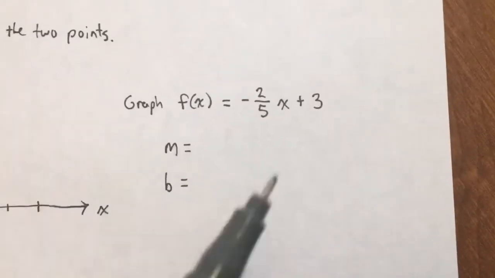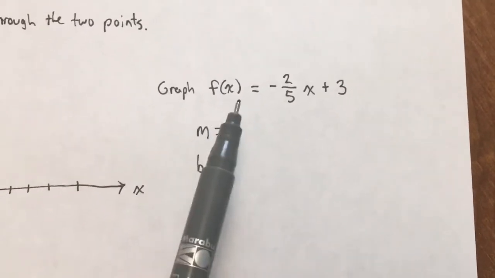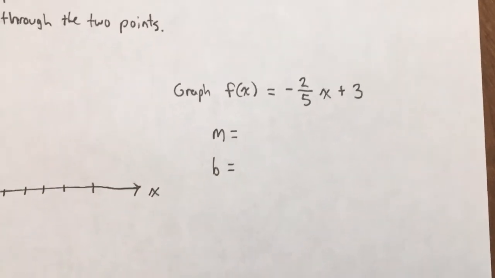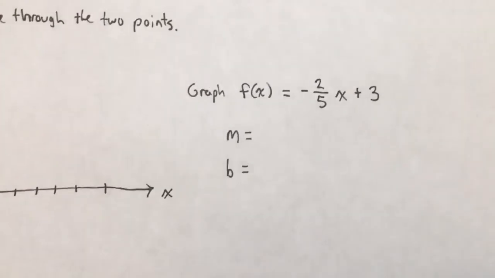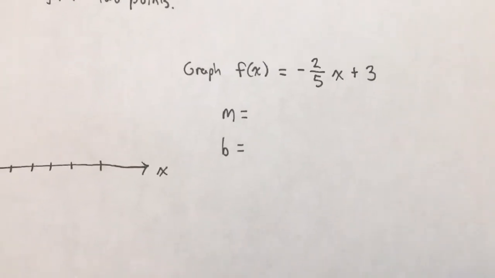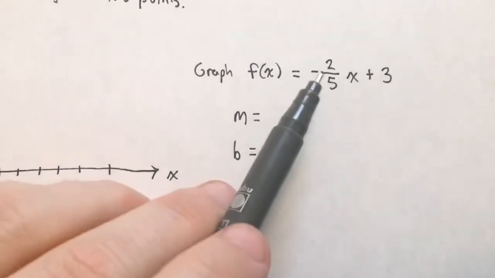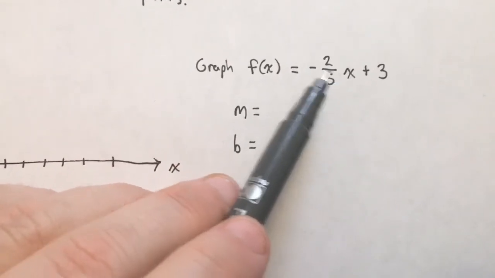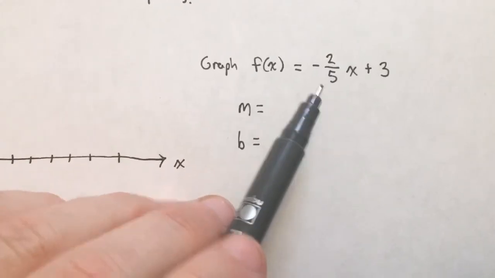So here we have this function rule, f of x equals -2/5 x plus 3. So the first thing we're going to do before we do any of the steps is identify our slope and our y-intercept. So our slope is, we pick that out from the number, the value before the variable, which is -2/5.